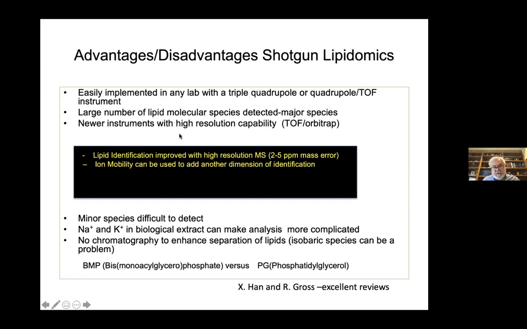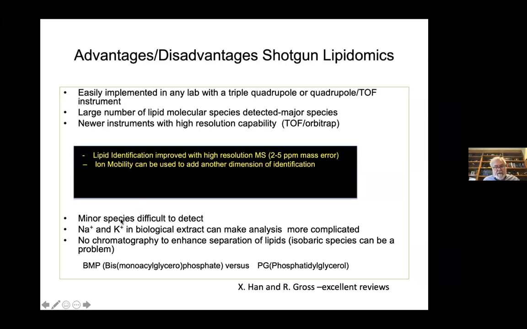The newer instruments with high resolution capability, such as the time of flight or the Orbitrap, really help in this identification process, and even ion mobility, as you've heard from the Bruker representative, really adds another dimension of identification for the shotgun, and those really do help.